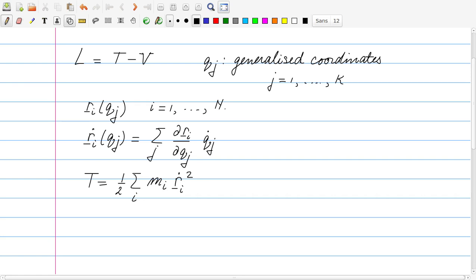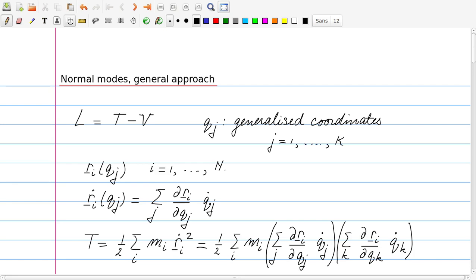Evaluating then the kinetic energy, which can be written as a half times the sum over all the particles, the sum over i always runs from 1 to n, times m_i r dot i squared, gives me 1/2 times the sum over m_i, and then I have replaced the first r dot i here by an expression like this, and then a similar expression for the second one, because there are two r dot i's multiplied by each other.